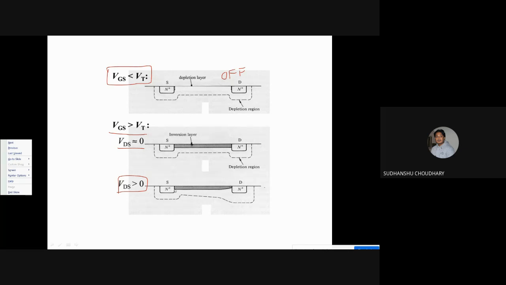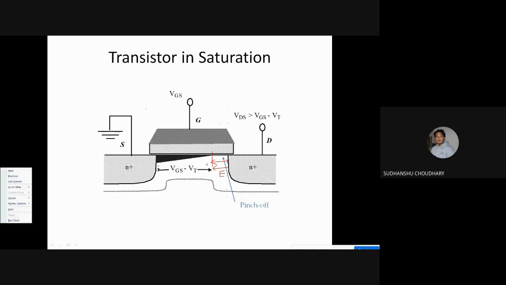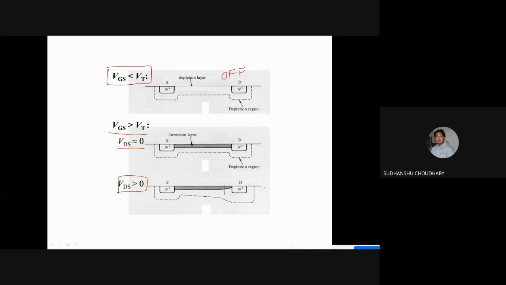It starts from 0 at the source to Vd at the drain. Because of which the channel shape is now not uniform. In fact, the channel shape will be of wedge shape, right? So that is this kind, or maybe here it is more clear, wedge shape. It is not uniform.